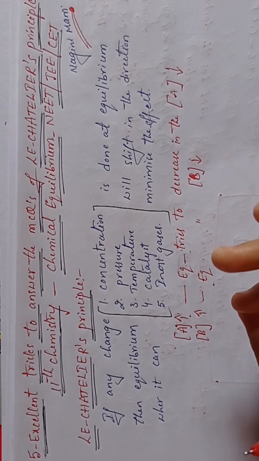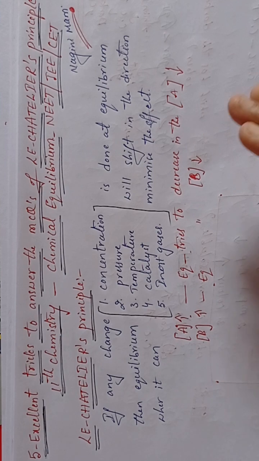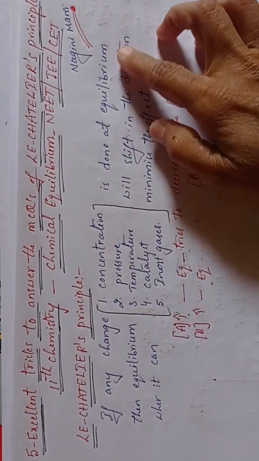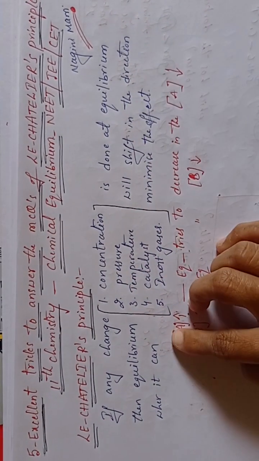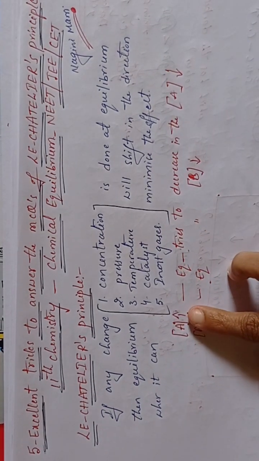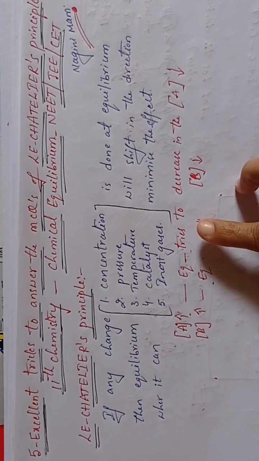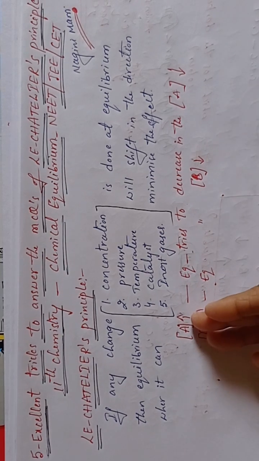That means the equilibrium itself minimizes the effect and shifts in the direction to minimize that effect. If any change is done at the equilibrium, then the equilibrium will shift in the direction where it can minimize the effect. Are you clear? Whenever the concentration of the reactant increases, the equilibrium tries to decrease the concentration of the reactant.